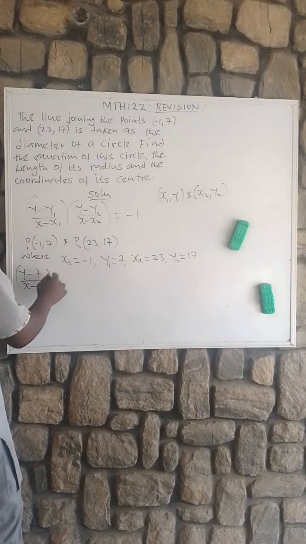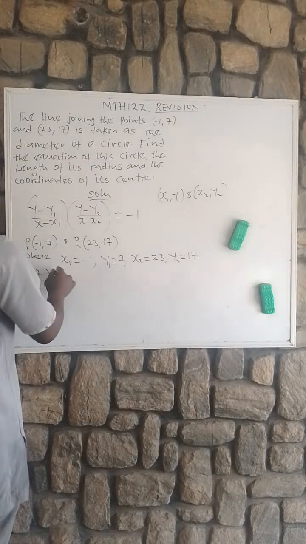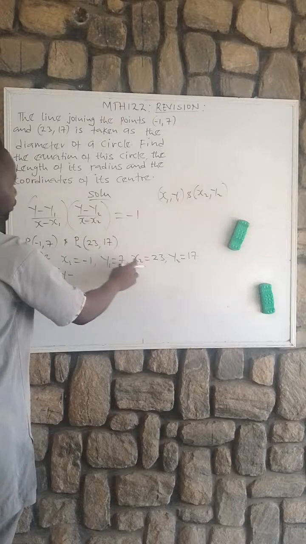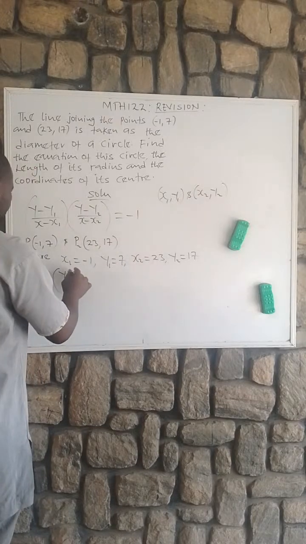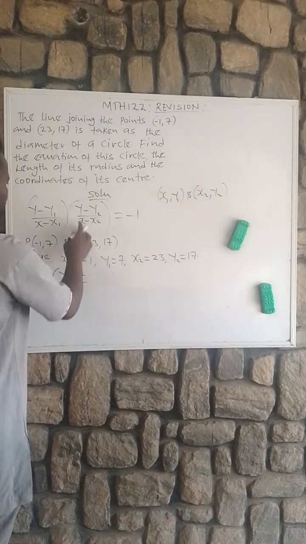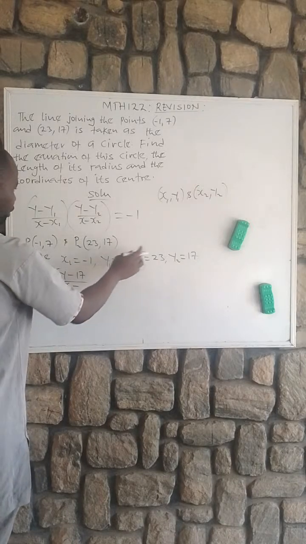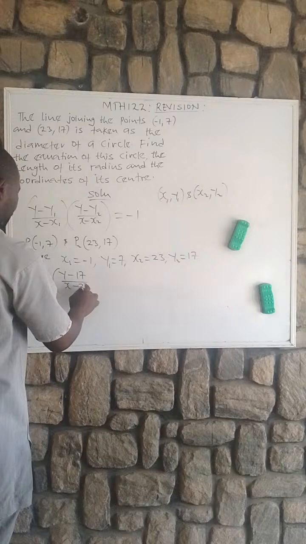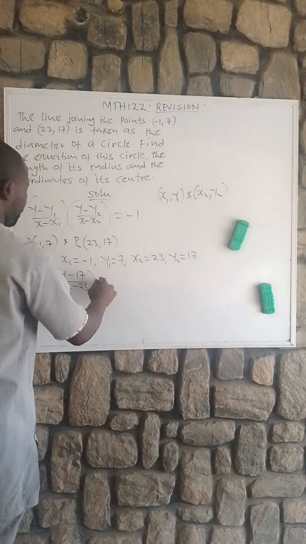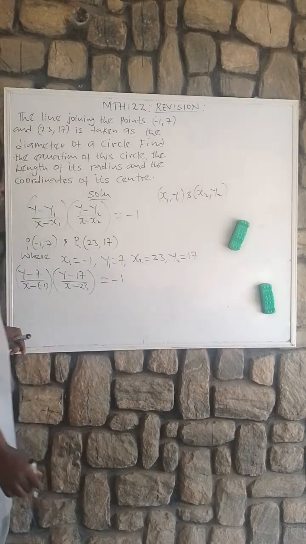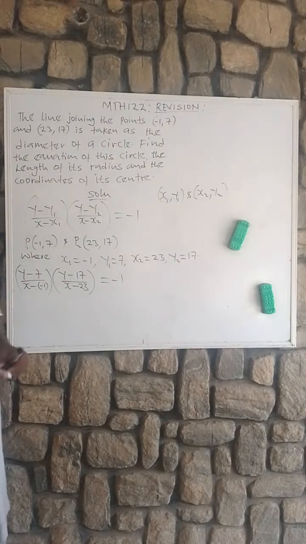Then open bracket, y minus y2 is y minus 17, all over x minus x2 is x minus 23, equals minus 1. Am I right?